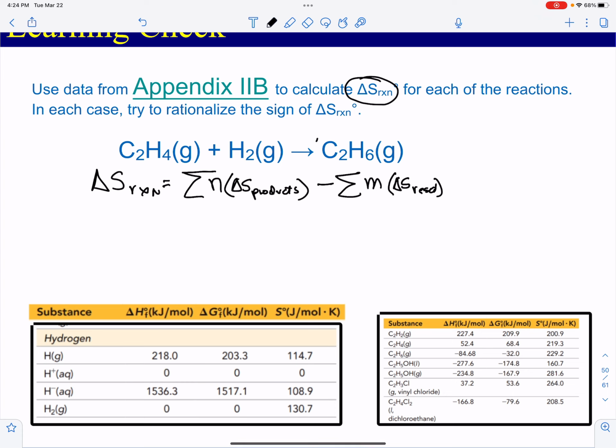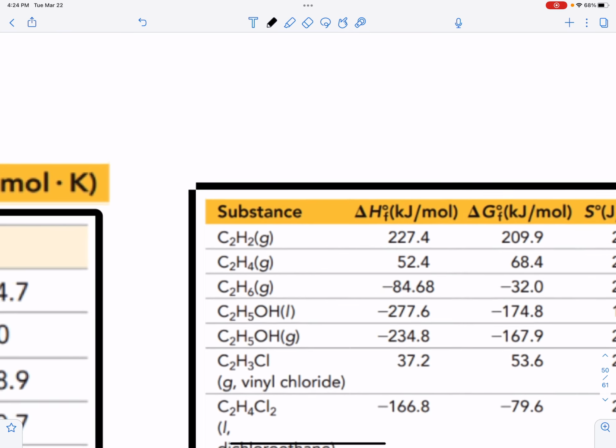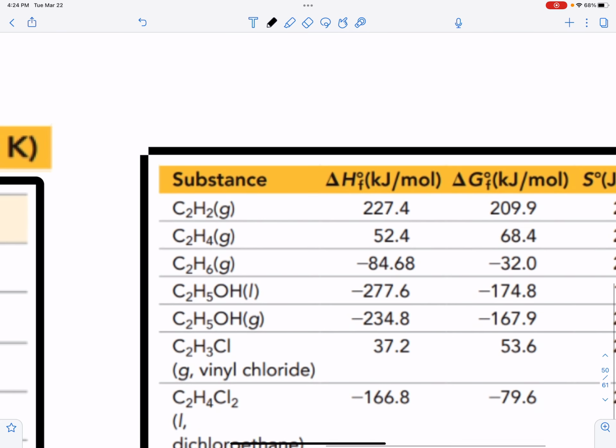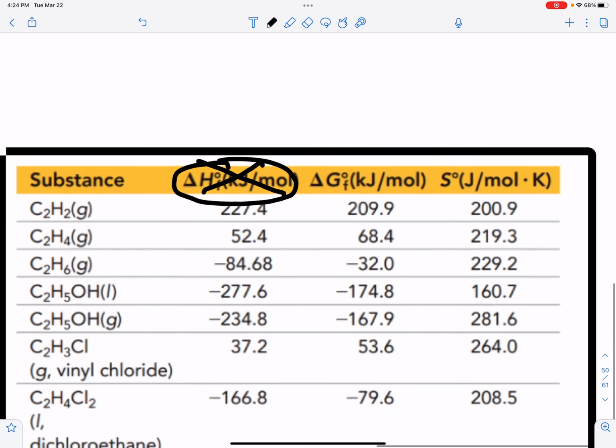So in this case, we're going to have ethane, C2H6, and it's a gas, make sure you pay attention to that. And super important, make sure that you pick the right column. That's not what we're looking for. We're looking for entropy.